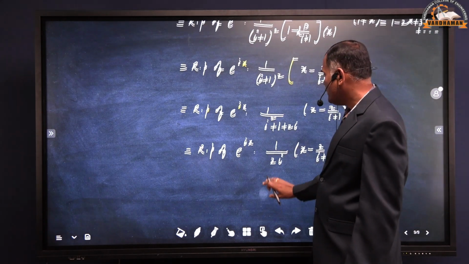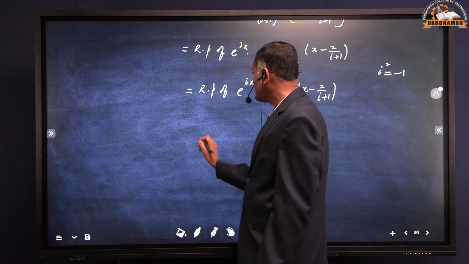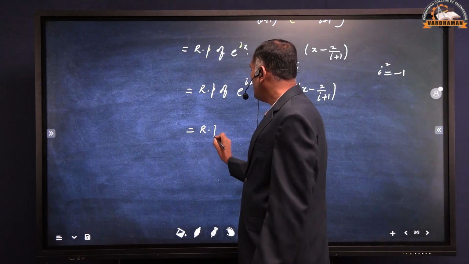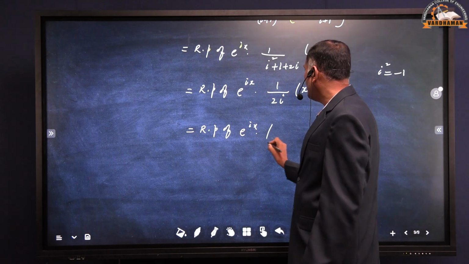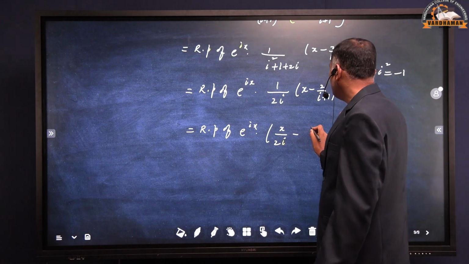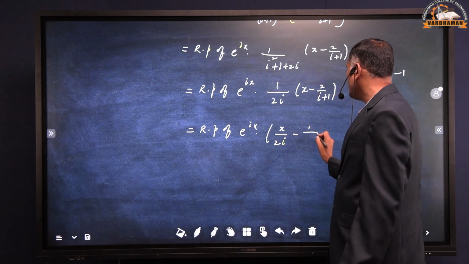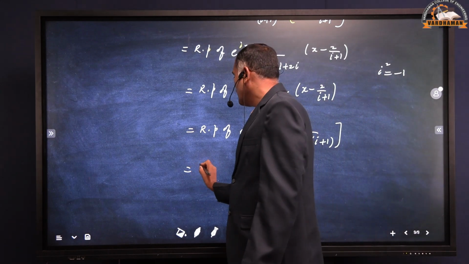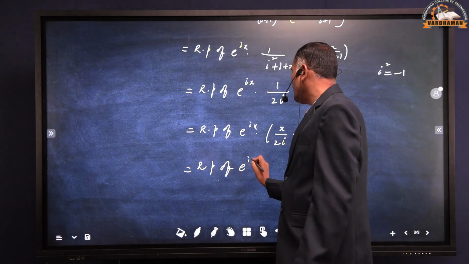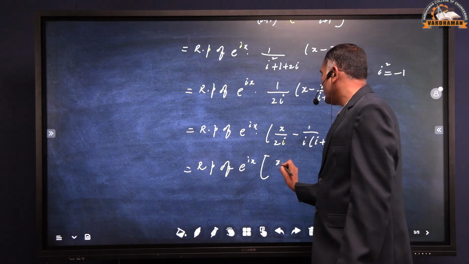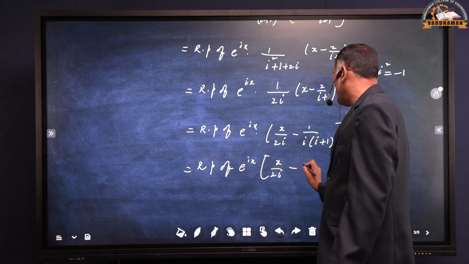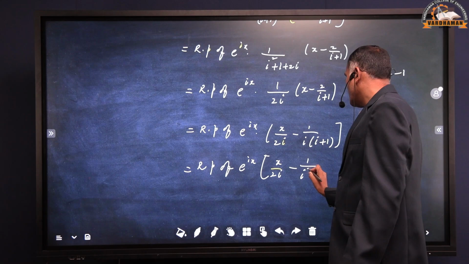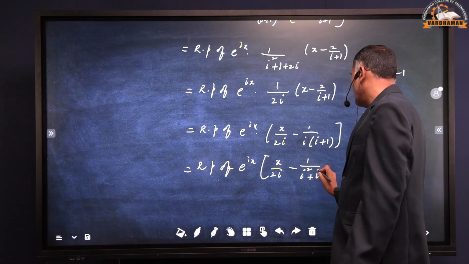Let us simplify further. Real part of e^(ix). Taking this 2i inside, 2 can be cancelled. We get i into (i plus 1). Further, real part of e^(ix) into x by 2i minus 1 by (i square plus i).